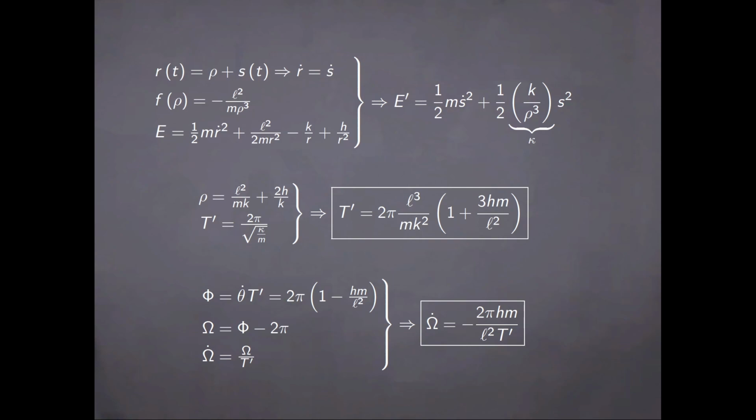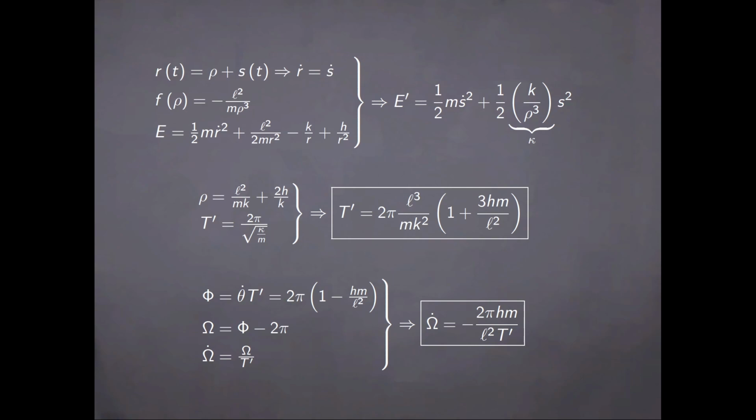Putting all of these things together, expanding the energy up to the second order in S over rho, and using the circularity condition, renormalizing things so as to remove the constants, we end up with this expression. Once again, there's a simple harmonic oscillator.